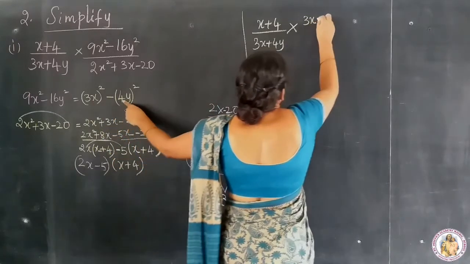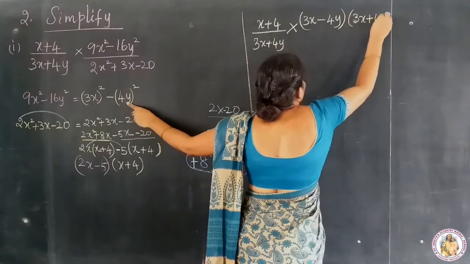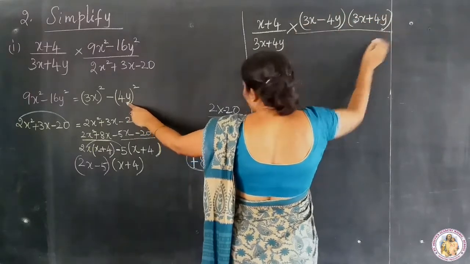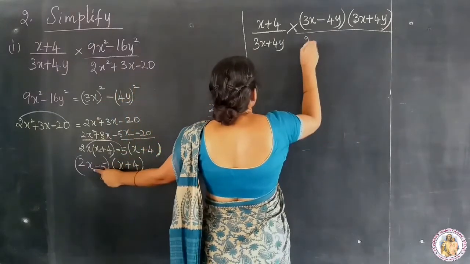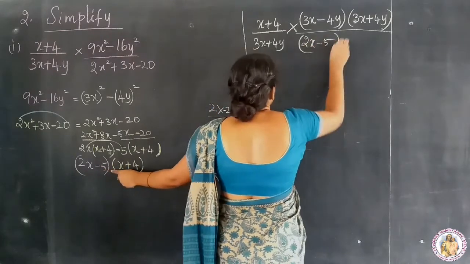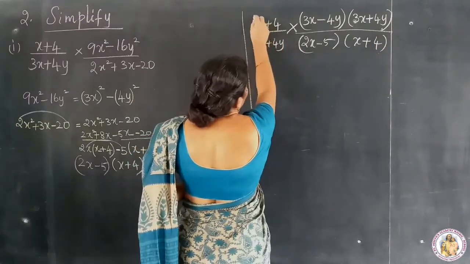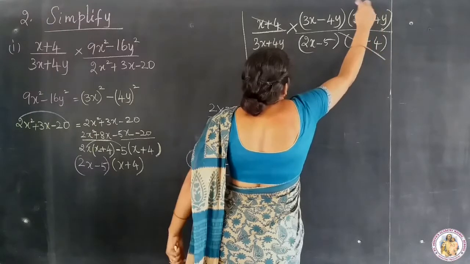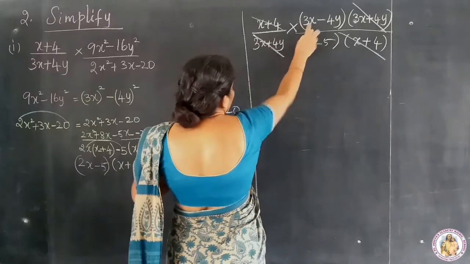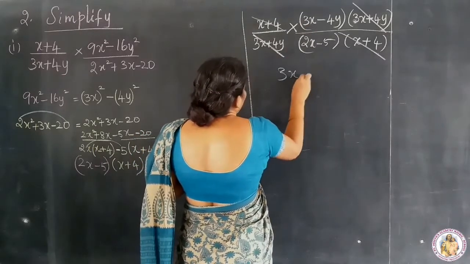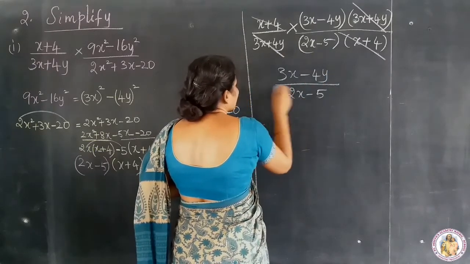So 3x minus 4y and 3x plus 4y divided by, and for 2x square plus 3x minus 20, we get 2x minus 5 and x plus 4. Okay, now x plus 4 cancel, 3x plus 4y cancel, and remaining leftovers are 3x minus 4y divided by 2x minus 5.